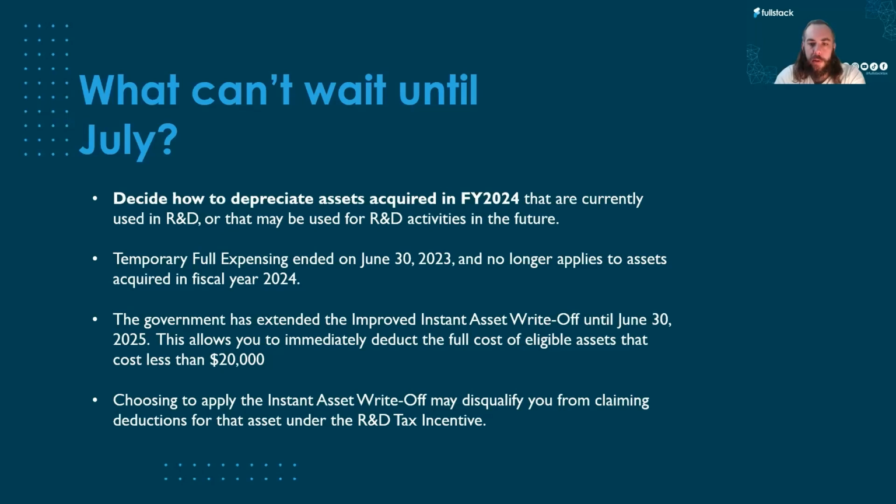So for the 2023 year, we were dealing with the temporary full expensing program, which had a specific provision in the legislation that allowed companies to fully expense their assets up to a certain level and also claim them as notional deductions in the R&D tax incentive.